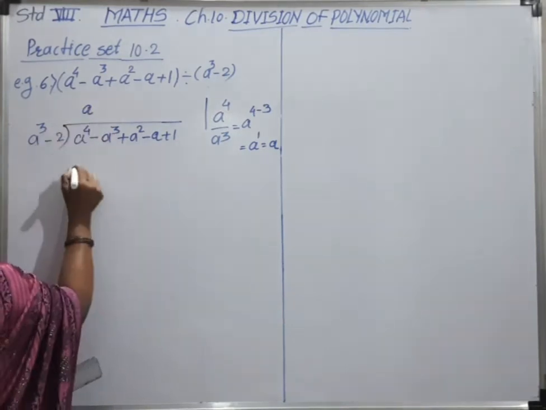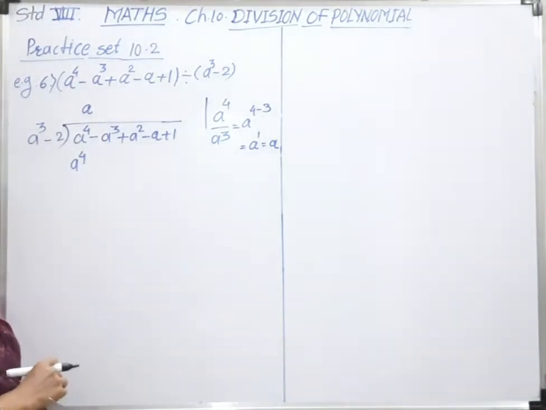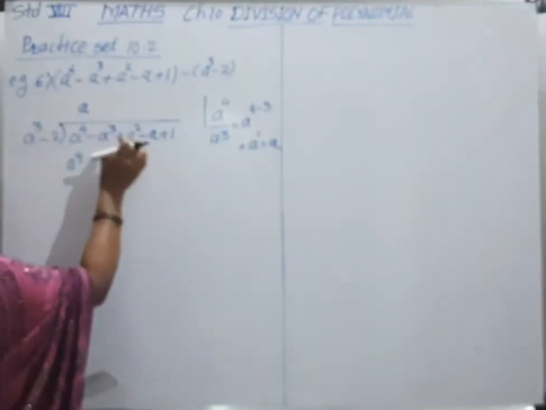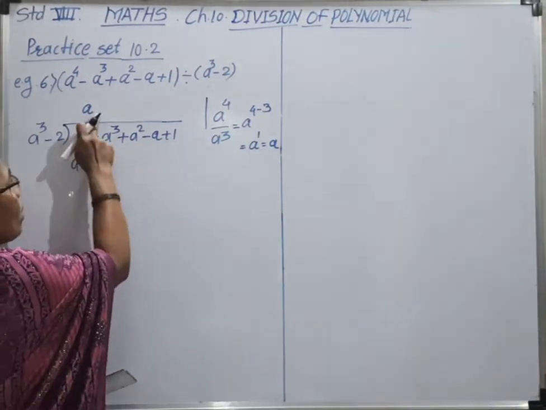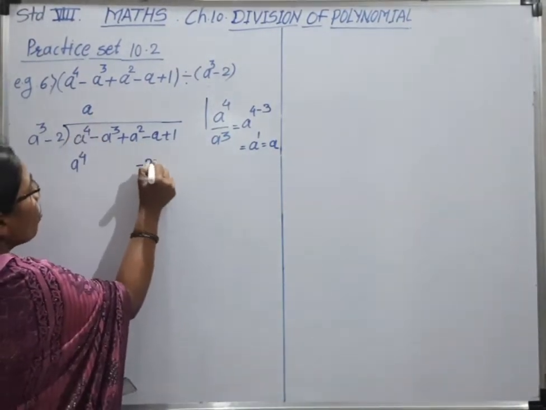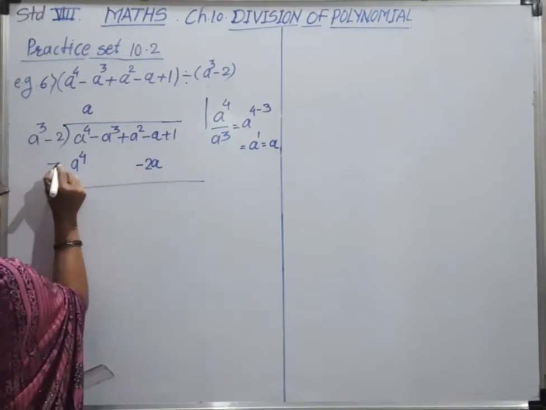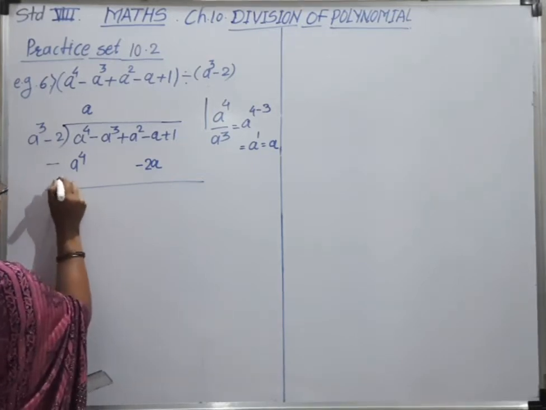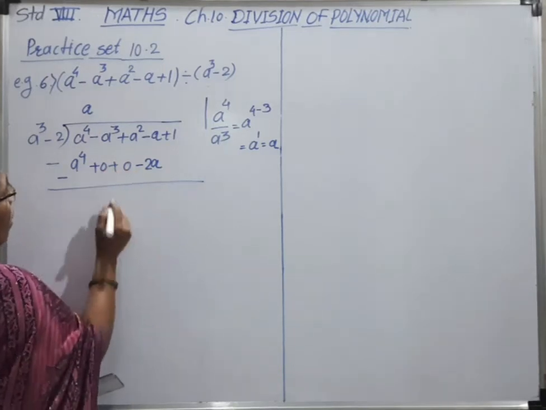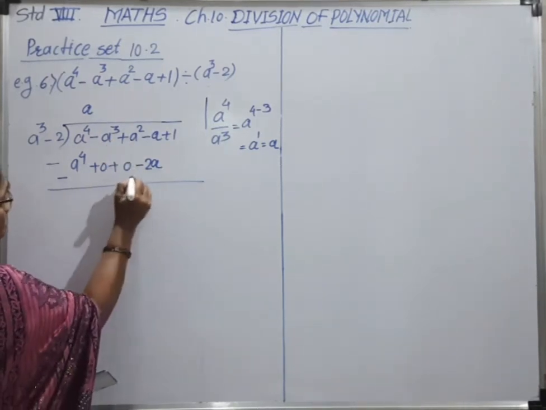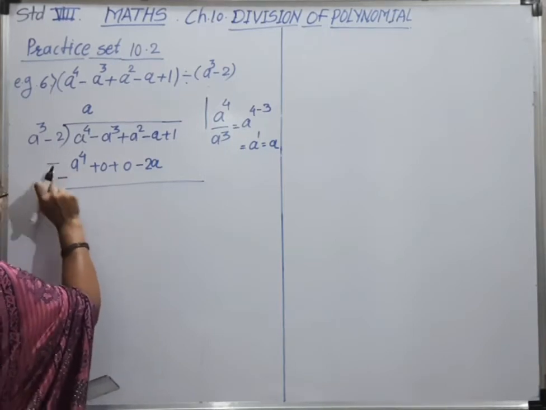So a into a cube is a raised to 4, and a into minus 2 is minus 2a. When we write this product, we have to write all like terms in the same column. So 2a will come exactly below a, which are like terms. In division we are subtracting, so minus; where nothing is there, we just write zeros, and we change the signs because of the minus sign.